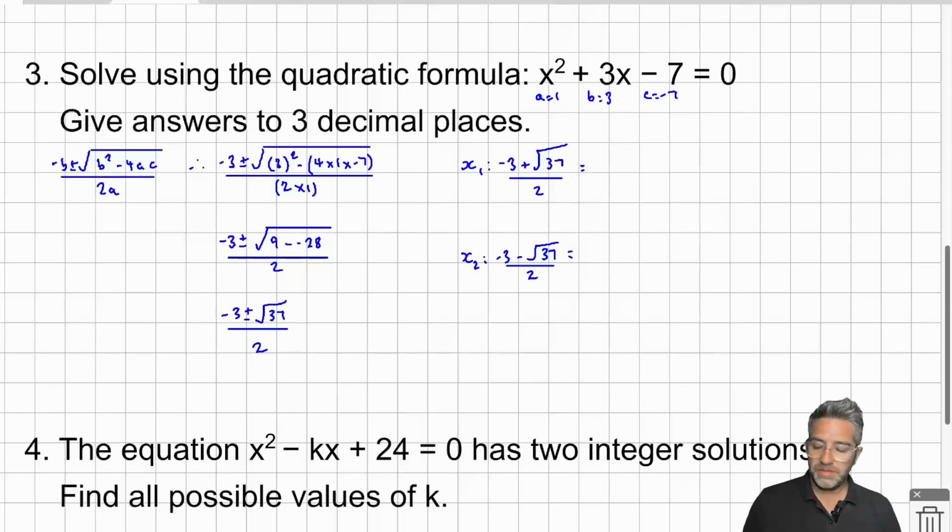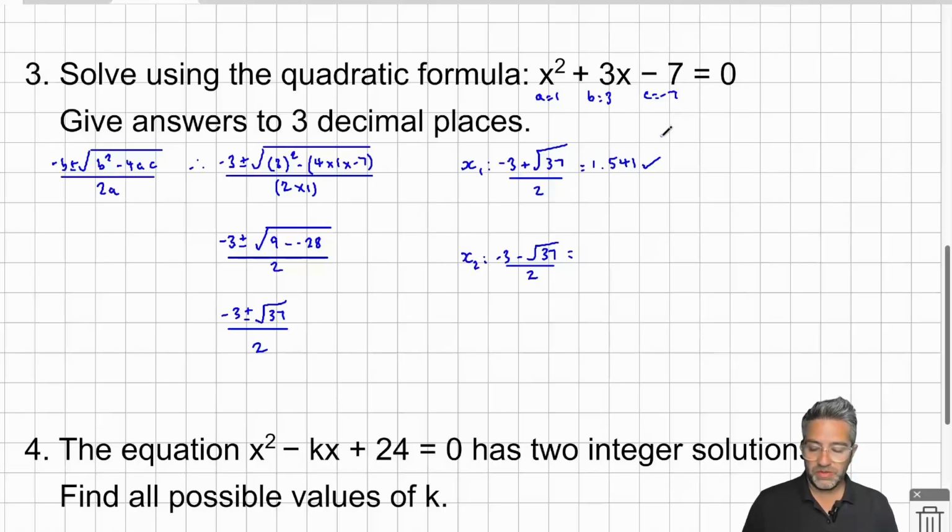Like so. Take a scientific calculator. So negative 3 plus the square root of 37 divided by 2. Change the format of my answer to 3 decimal places. I'm getting 1.541. I now need to work out x2.